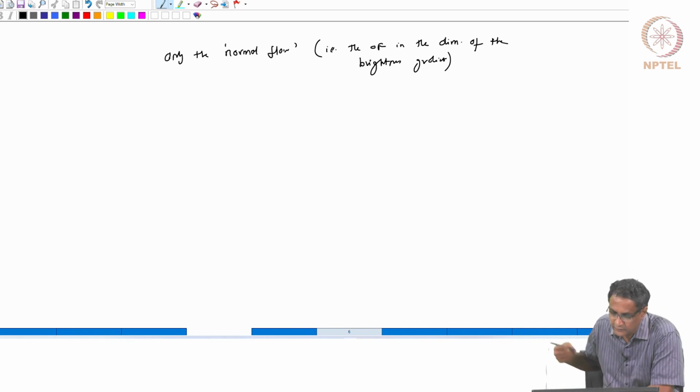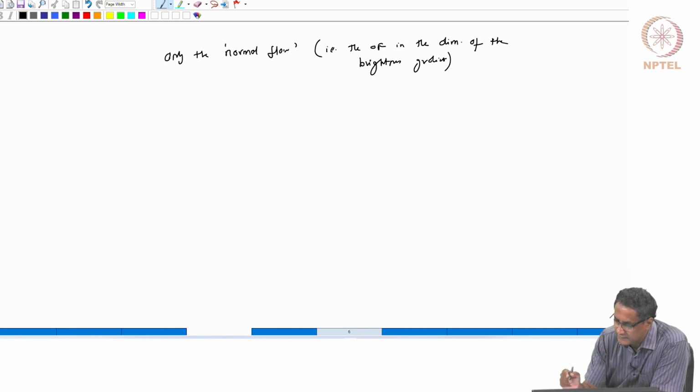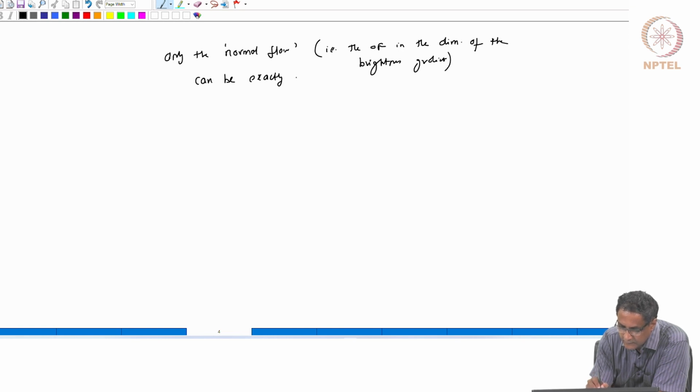Anyway, the optical flow in the direction of the brightness gradient can be exactly determined, and this is the only component that can be determined.